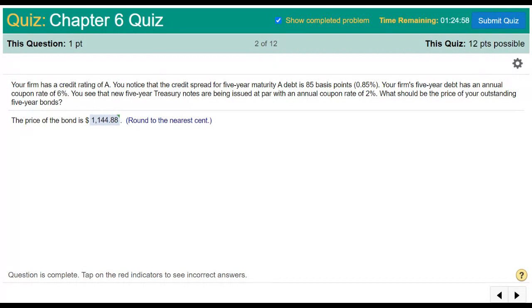And then compute for present value. Is that the right amount? Yes, this is it. Okay.